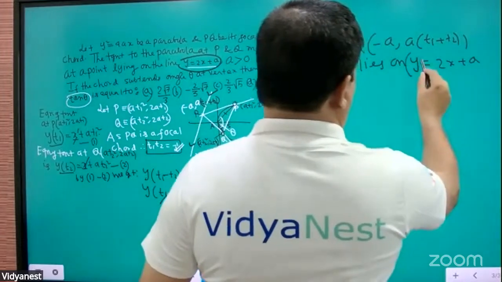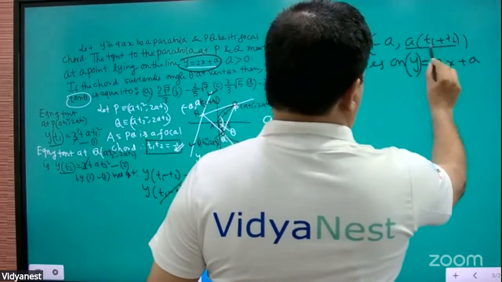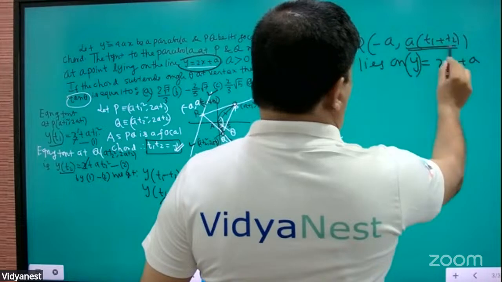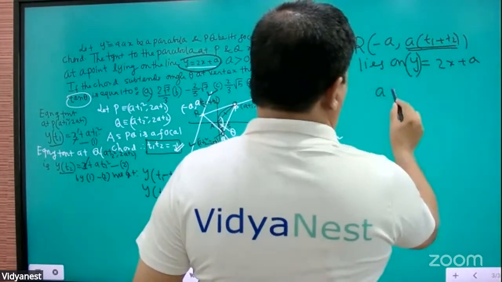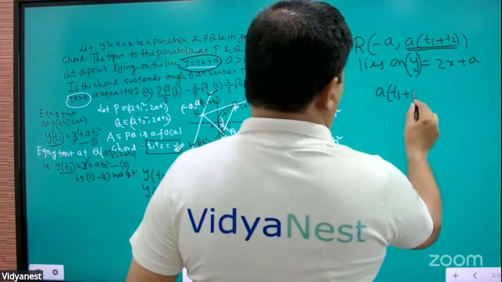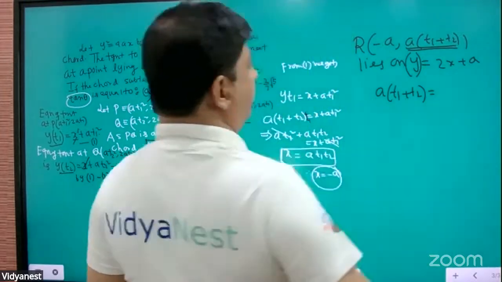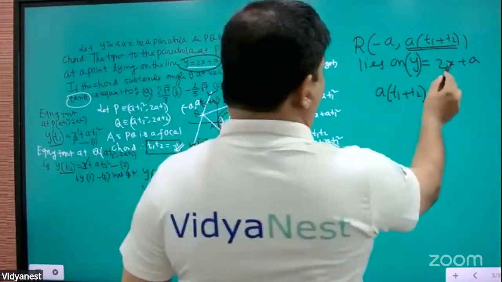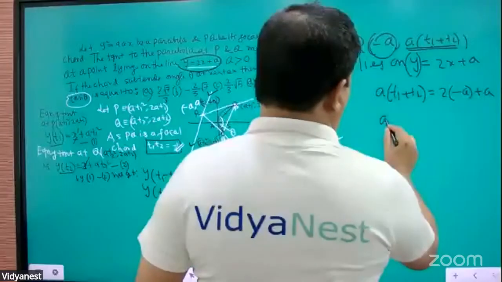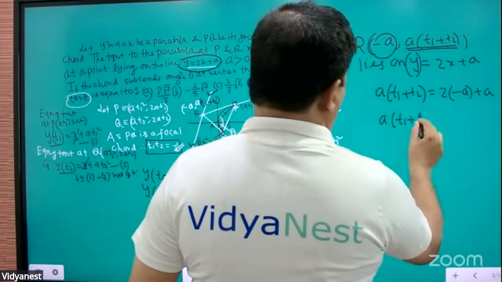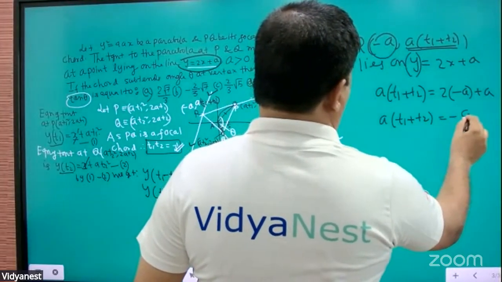So in place of y, what should I put? The ordinate a(t1 + t2), and in place of x, -a. So a(t1 + t2) = -2a + a.